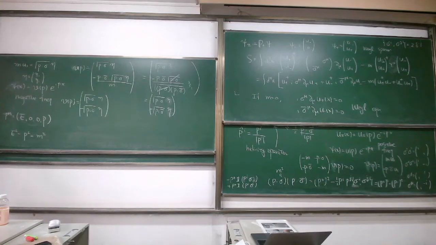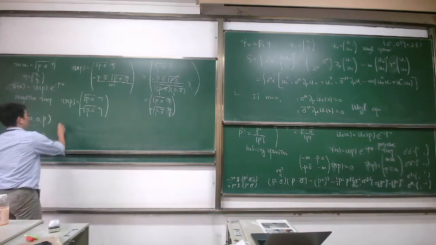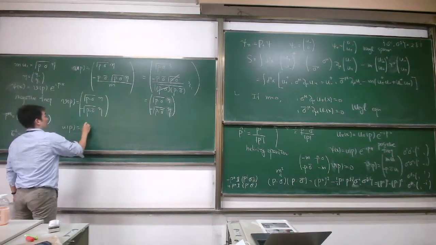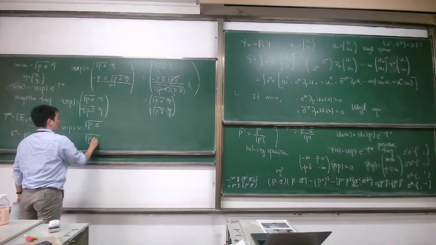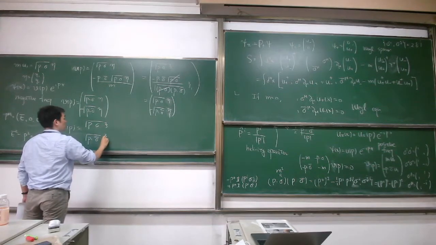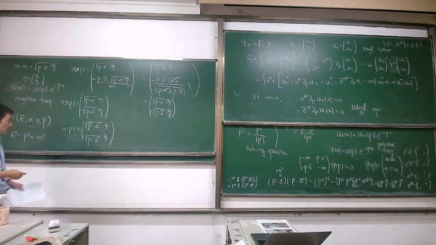Okay, so then plug this one in. u of p is P·sigma and P·sigma-bar and m ξ, and plug that into here.